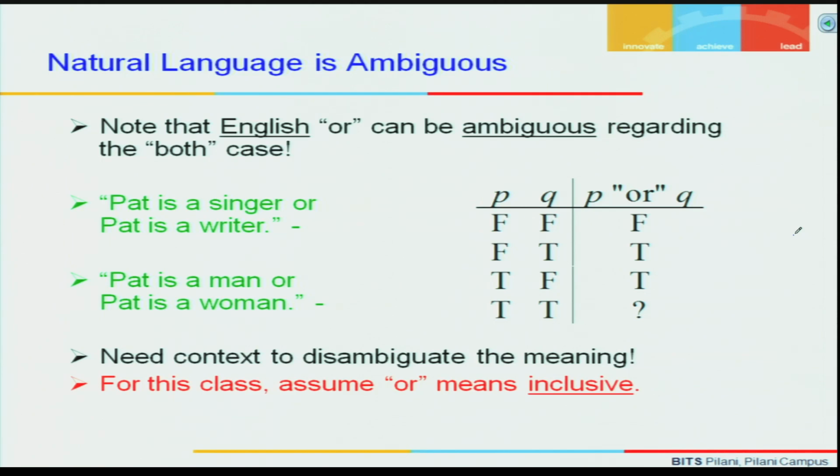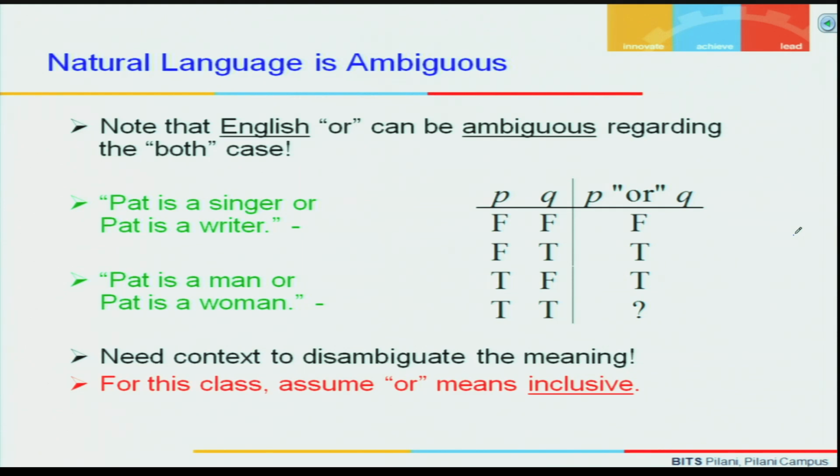For example, if somebody comes to me and says a compound statement like Pat is a singer or Pat is a writer, if this statement is true, then what I get to understand is three things. Pat is a singer, or Pat is a writer, or Pat is a singer and Pat is a writer. These three things can be true when somebody says that the compound statement is true. There are three possibilities that I can make out.